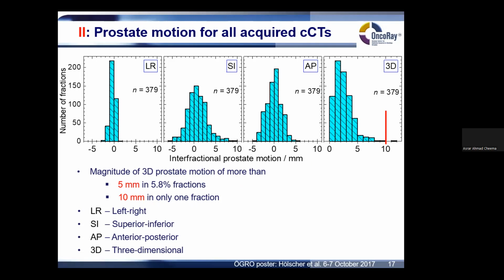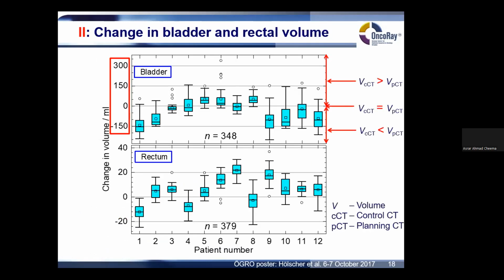So we can see the 3D motion vector of prostate motion was lying within a centimeter. So change in bladder and rectal volume was assessed, and we can see that this is the baseline where control CT volume is equal to the planning CT volume, and this part shows where the volume in control CT is more than the planning CT, and in this part lying below this baseline, the control CT volume is less than planning CT.